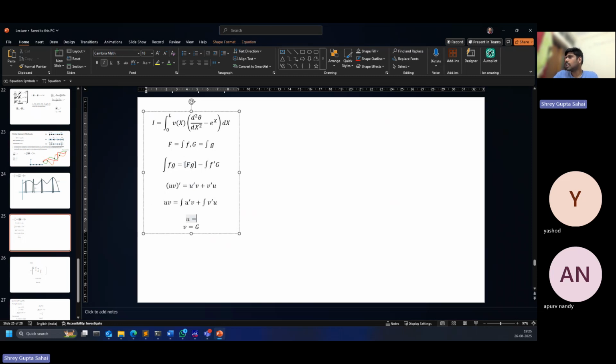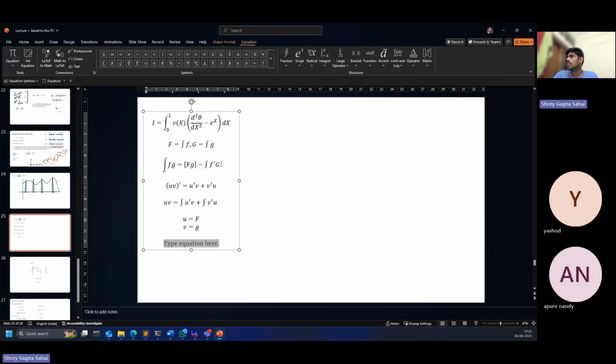So U has to be taken as capital F and G as small g. Then essentially I have FG integral, plus capital G integral.